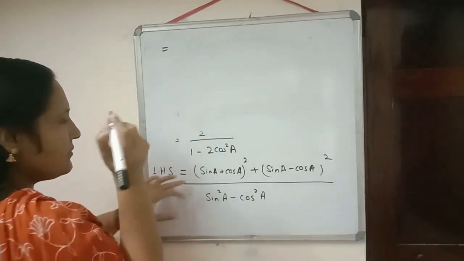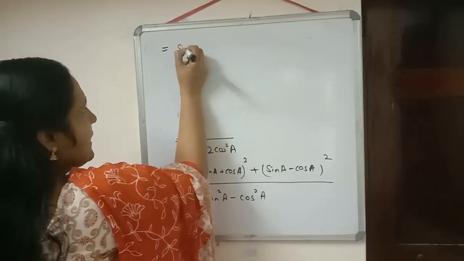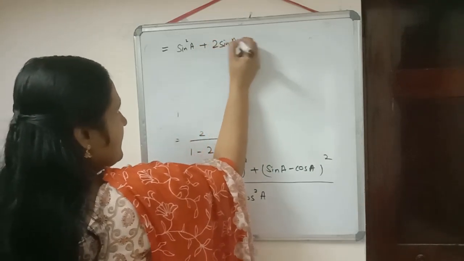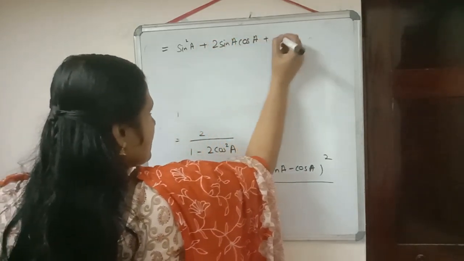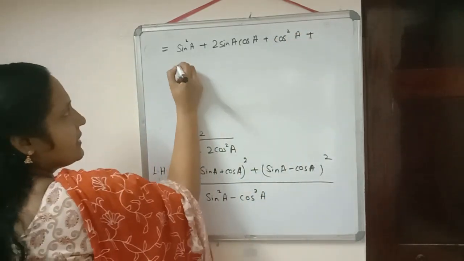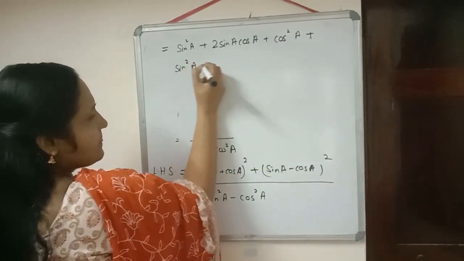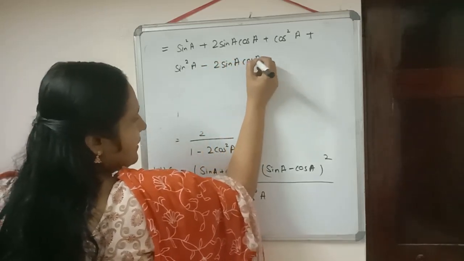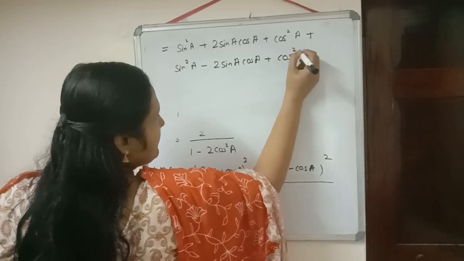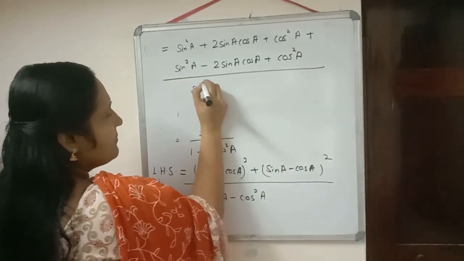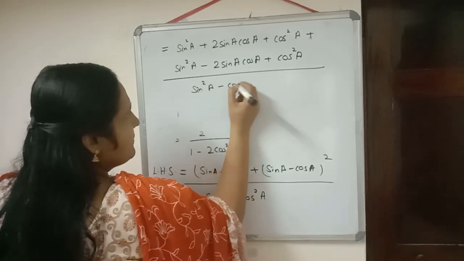Then it will be equal to sin square A plus 2 sin A cos A plus cos square A. Correct? Then similarly the second term will come sin square A minus 2 sin A cos A plus cos square A, whole divided by sin square A minus cos square A.